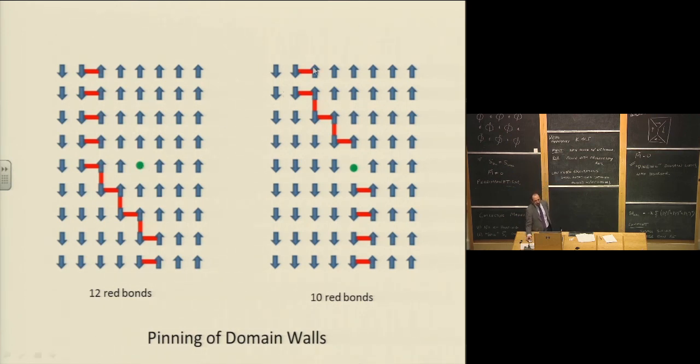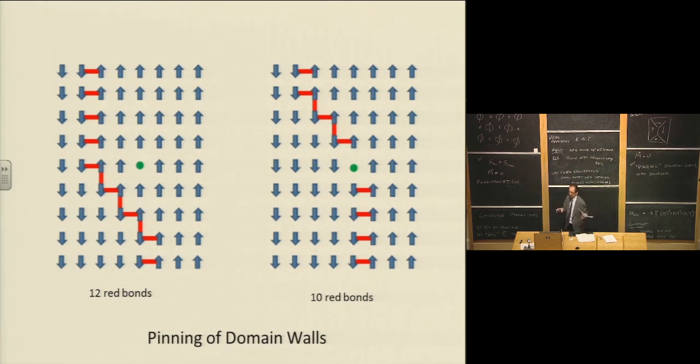If you move the domain wall to a different position over here so that it goes through the defect, there are only 10 red bonds now, not 12. So the energy actually drops if the domain wall goes through the defect. It's a lower energy for domain walls to go through defects, so they want to stick on the defects. And that's how you pin a domain wall with some disorder.